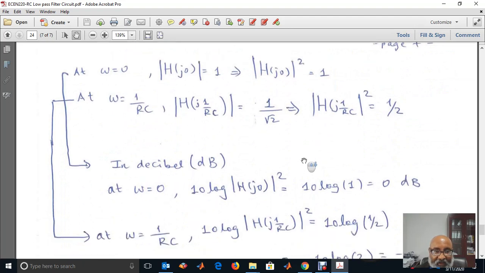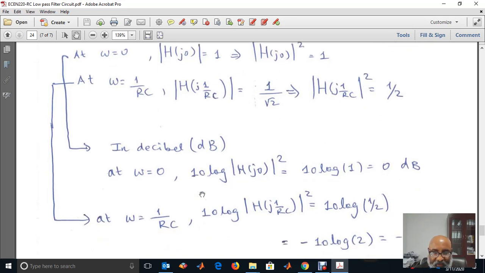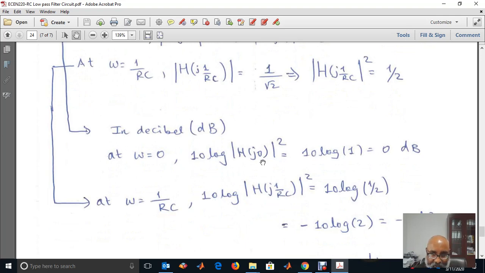As I said, at frequency 0, the magnitude squared is 1. At frequency 1 over RC, the magnitude is 1 over radical 2, and the magnitude squared is 1 over 2. If we write it in decibels, that means 10 log of the magnitude squared. 10 log of 1 is 0 dB.